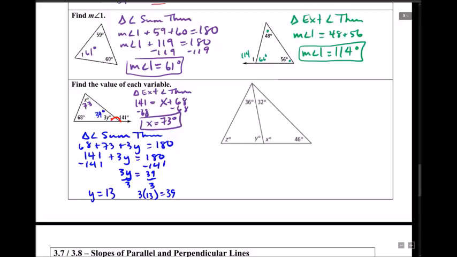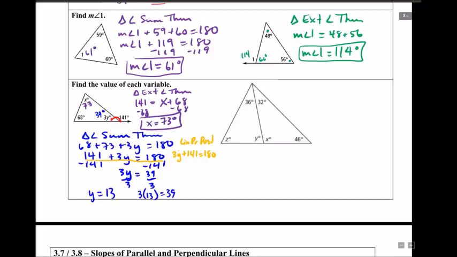Let's put that in another color. 3y plus 141 equals 180, right? Linear pair postulate. Isn't that exactly the same thing we have written here? So we would get the same answer. So it doesn't matter which method you choose, whether you go the exterior angle theorem or the linear pair postulate, both will give you the same answer.